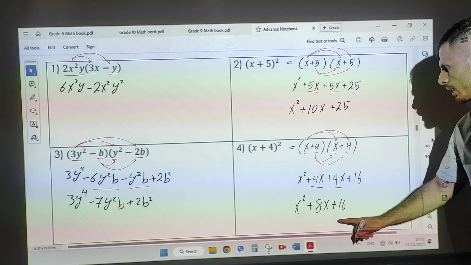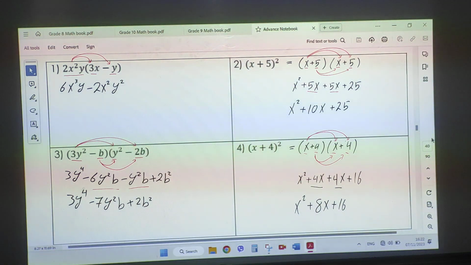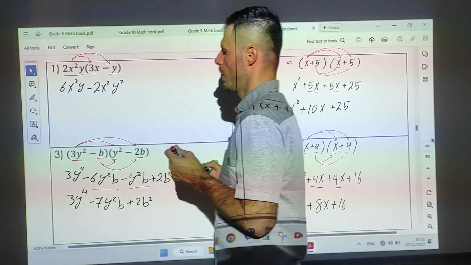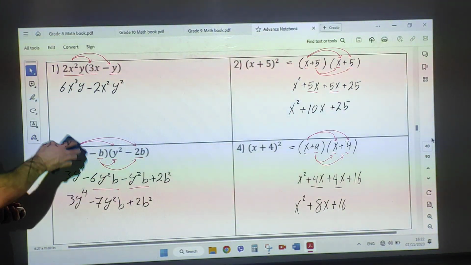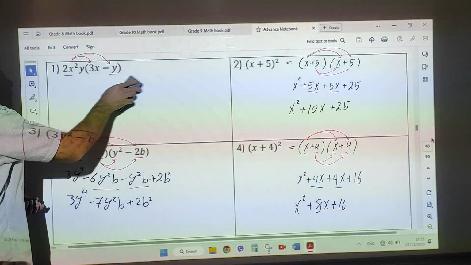X power 2, x and number. We cannot simplify more. That's it for the first 4 examples. Let's see about the next 2 examples, what we have and how to multiply them by each other.